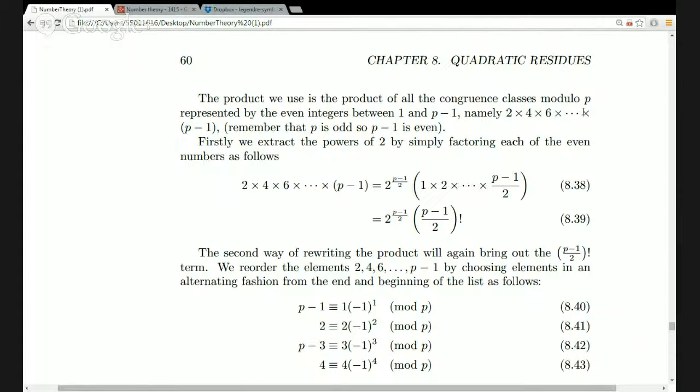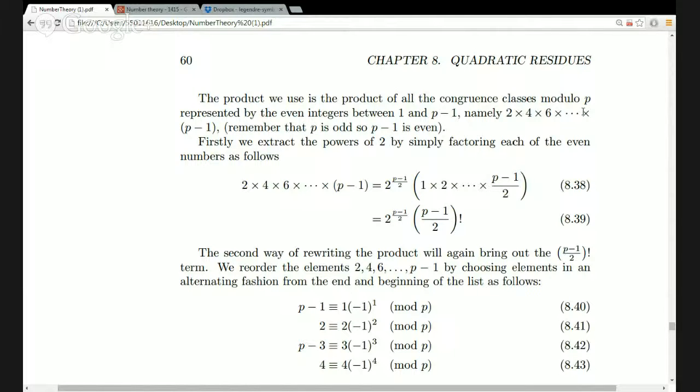So we're just taking all the even numbers 2, 4, 6, 8, 10, and so on, which of course is going to end with p minus 1. P is an odd prime, remember? Now, how many numbers are there? Well, of course, there's exactly (p minus 1) over 2 numbers there, because it's half of p minus 1.